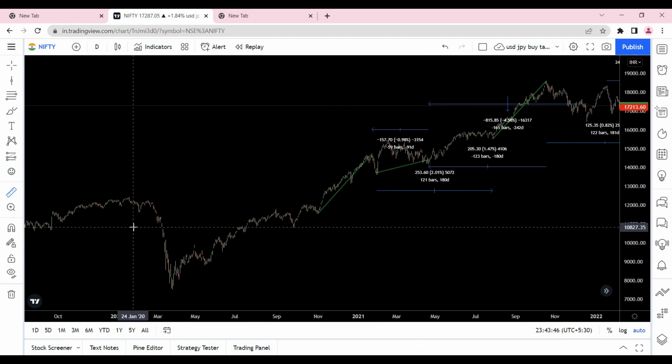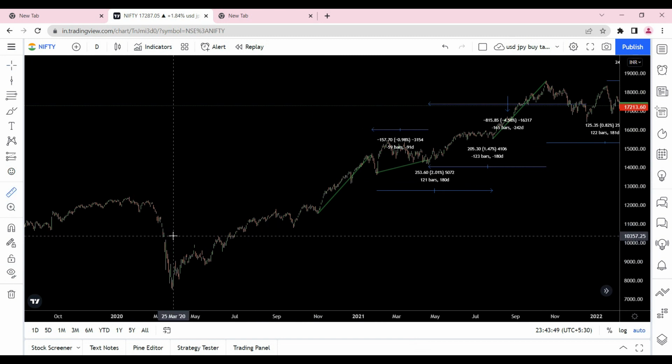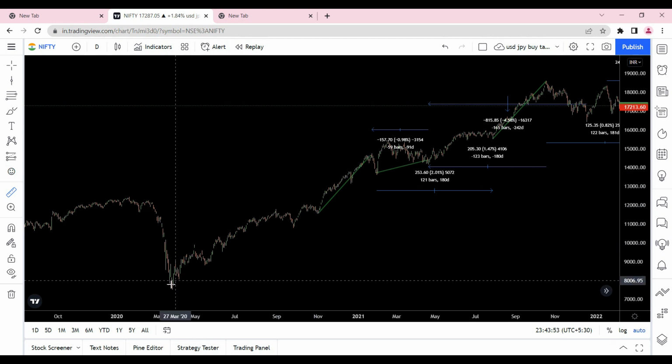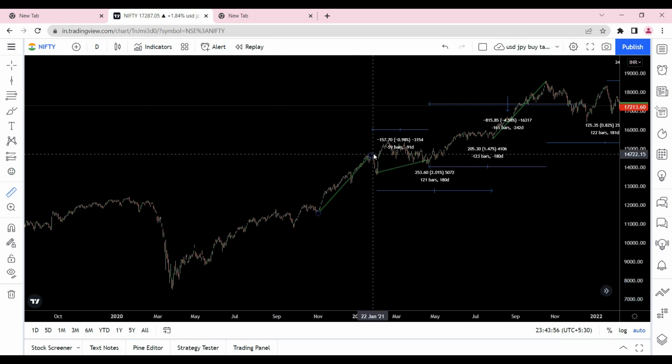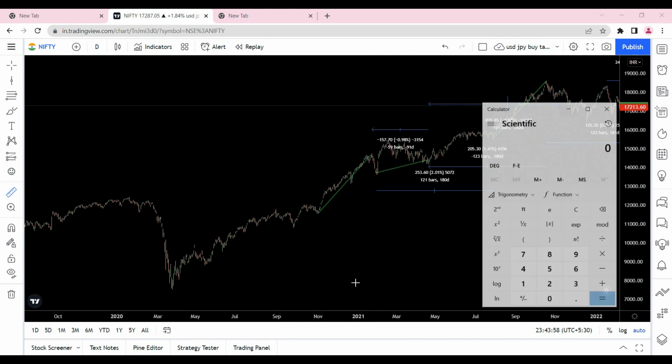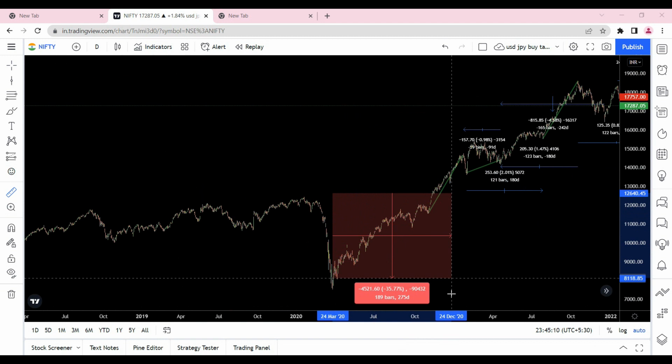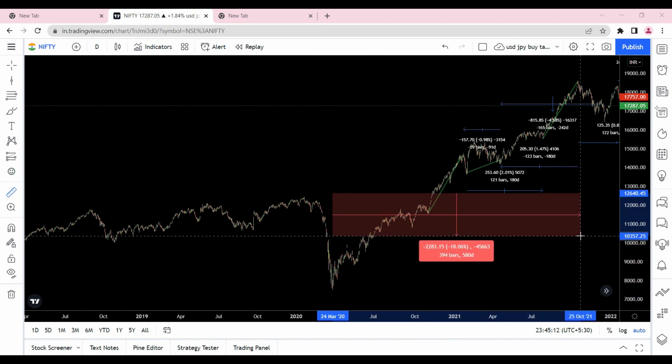Just a brief explanation: from this low here to this high is 160 days, from here to this high is 303 days. So I'm going to take 303 divided by 160, that equals 1.89375, times 303, that equals 574 days. So from low to high is 574 days.